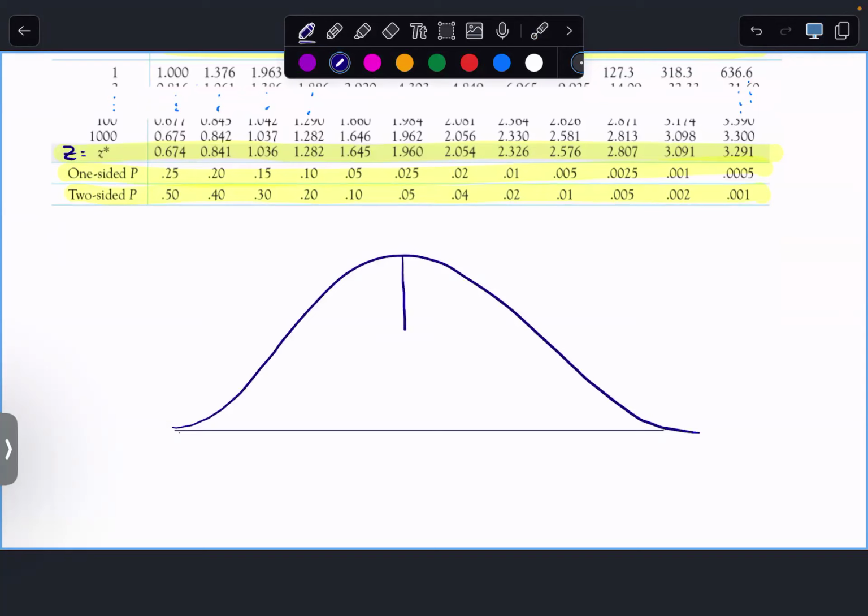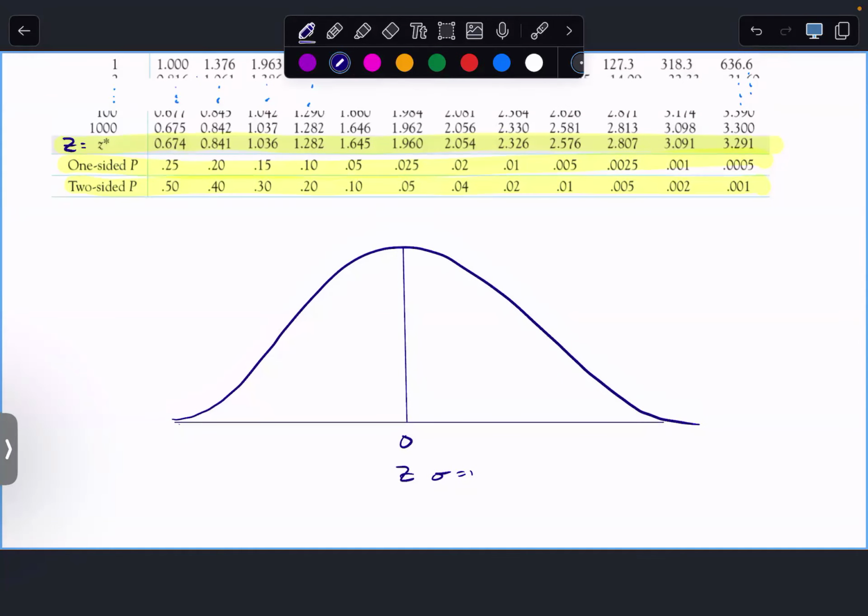Z looks like this, centered on 0 with a standard deviation of 1. Here, we have a Z of 0.674. I'm gonna pick some go-tos here and do different colors. And sure, pink here.